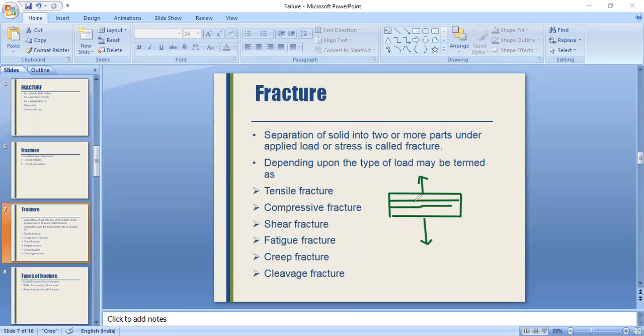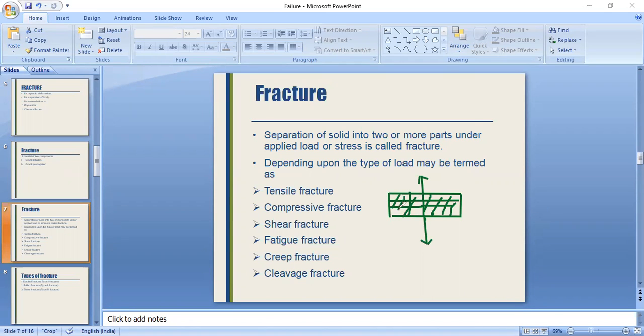For example, this material is steel and it has some capacity to sustain the load. After crossing the limit, or we can say yield point of that material, the metal will get separated into two parts. This breaking of the material, we are going to call it as a fracture.